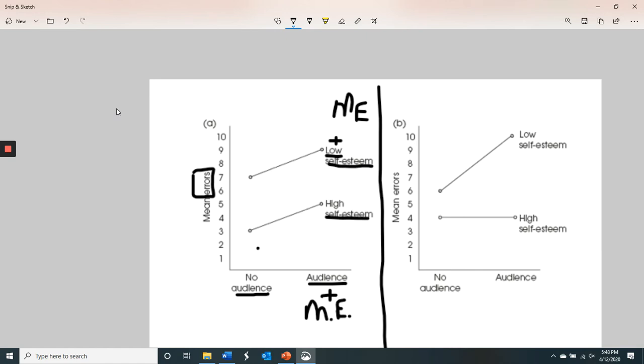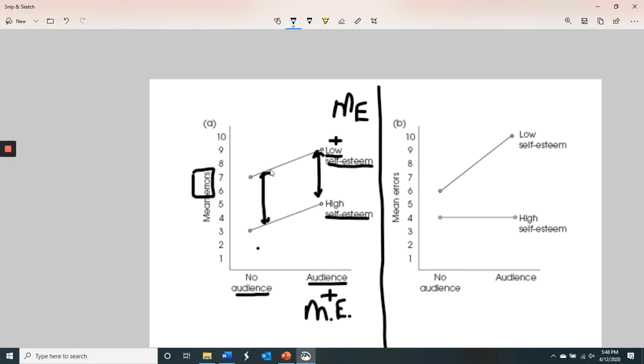And we can ask, well, do we have an interaction? It's fairly easy to answer because we have lines here. We can ask, are the lines parallel or not parallel? Well, here the lines are parallel. The distance between these lines, to me, it looks like it's the same.